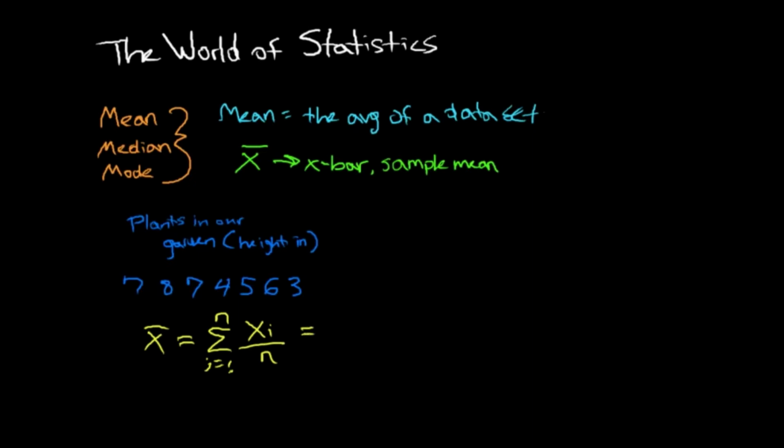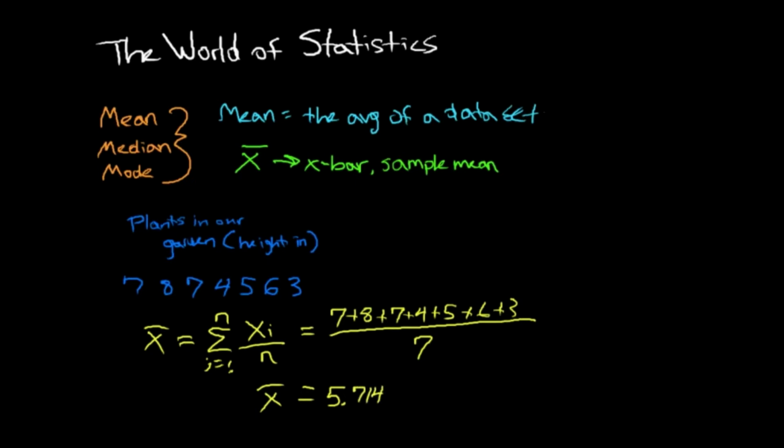For this example, it'd be 7 plus 8 plus 7 plus 4 plus 5 plus 6 plus 3, and then we divide that by 7 since we have 7 plants. Our X bar is an average of 5.714 inches.